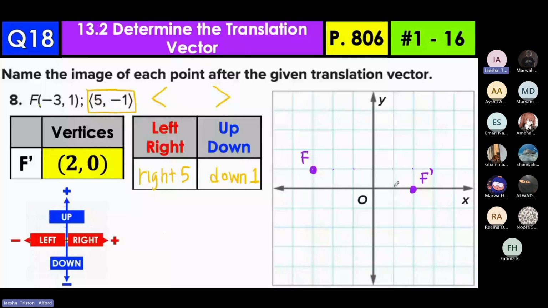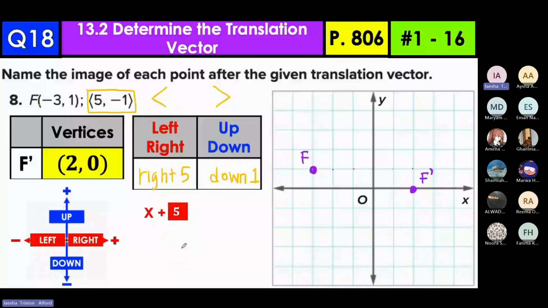The shortcut is only if they do not tell you about the graph. They do not say draw and label. So here, we can use the vector. You said right 5, yeah? So we take our X number and add 5. We take our Y number and we add -1. So let's see what happens.